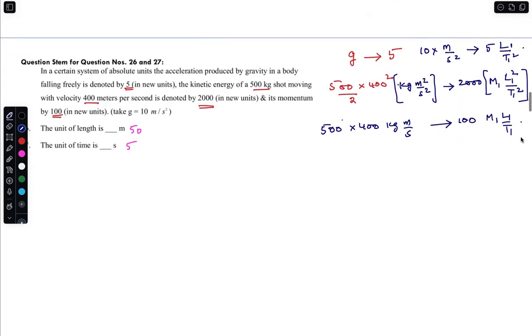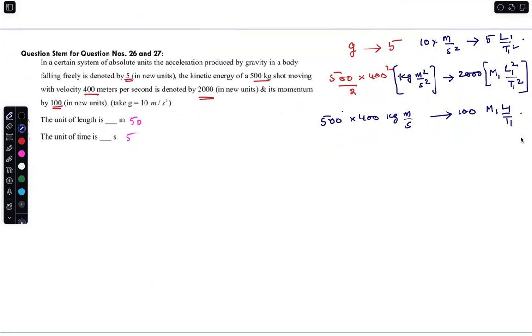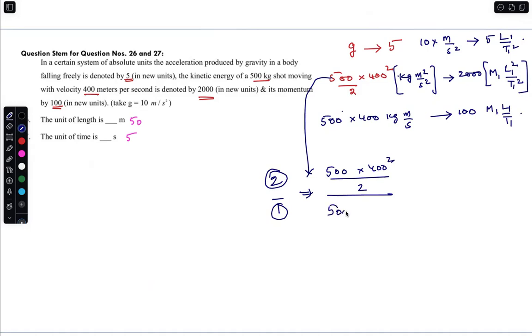Now, see, you have equation 1, you have equation 2. If you permit me, I'll take equation 2 by equation 1. Here I will get 500 into 400 square by 2 divided by 500 into 400.